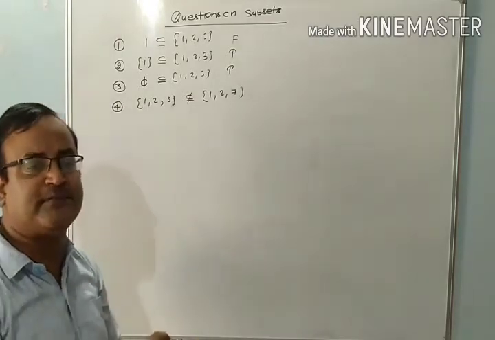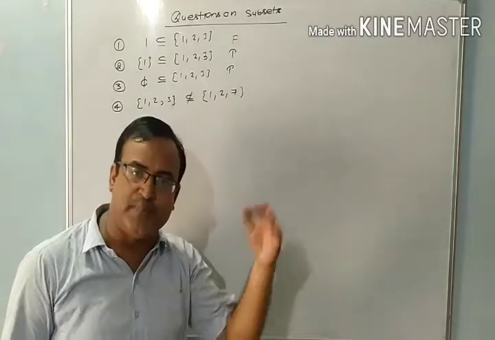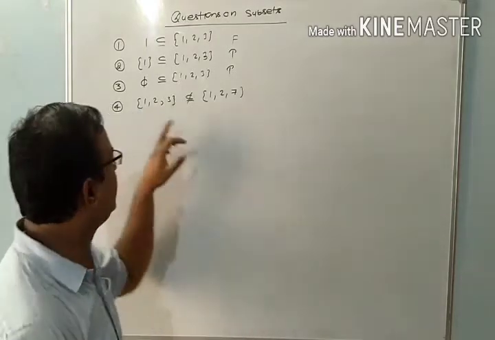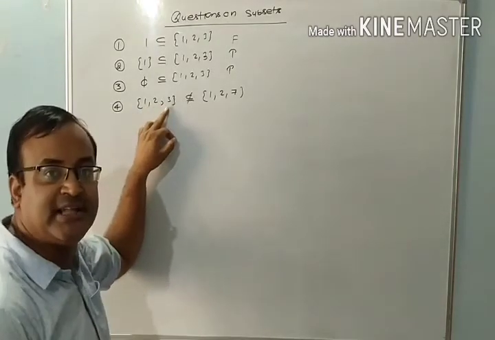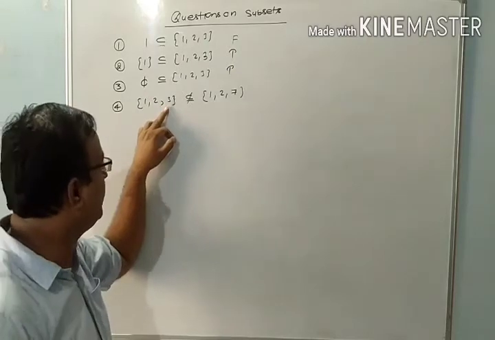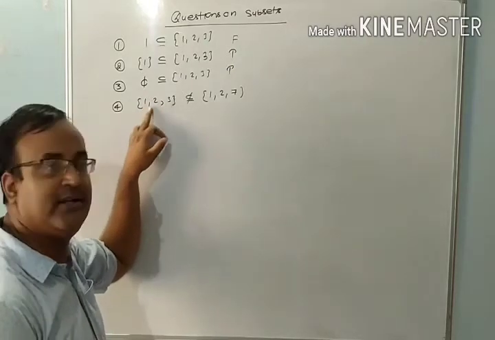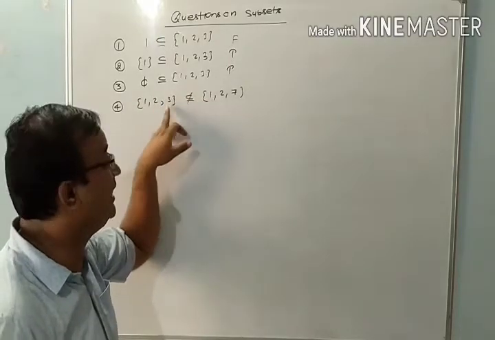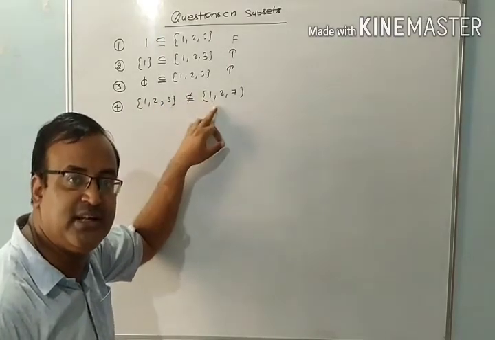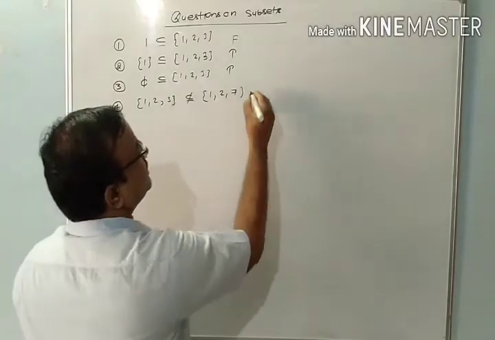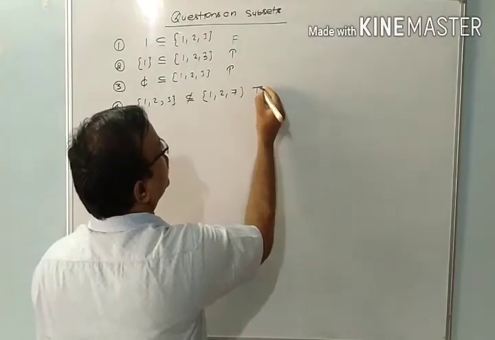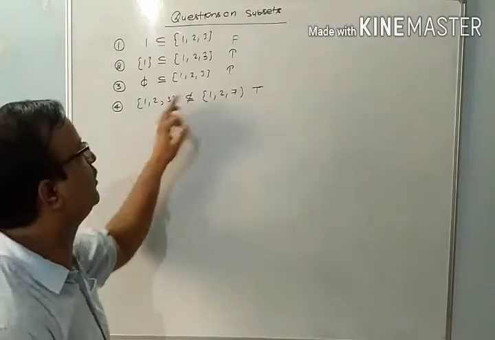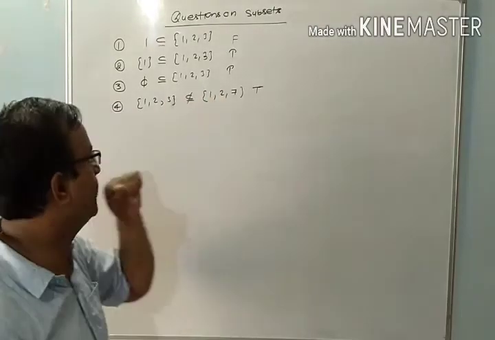By the definition of subset, you know that if A is a subset of B, then every element of A must belong to B. Now we have to check 1, 2, 3. 1 belongs to the set, yes. 2 belongs to the set, yes. But 3 doesn't belong to the set. Clear? So we will say this is false. Sorry, this is true, because in the question it is written that {1, 2, 3} is not a subset of {1, 2, 7}. Clear? So it is true.